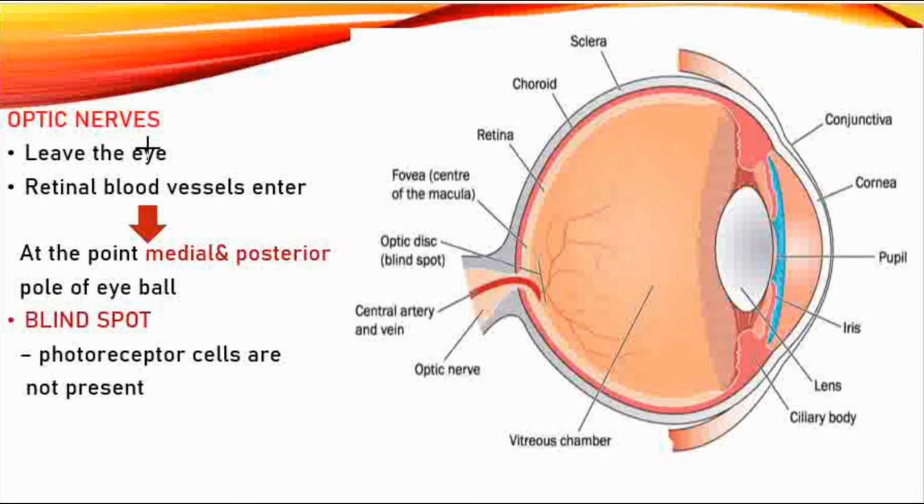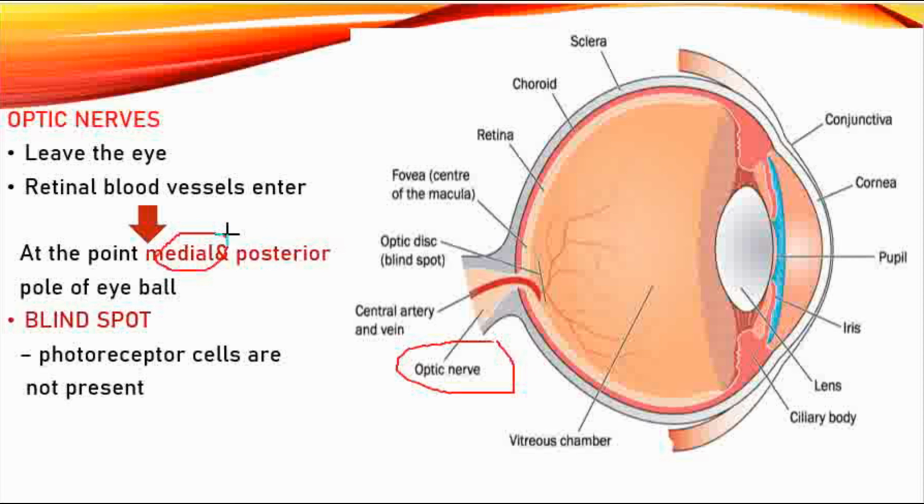So next, coming to the optic nerve. There is an optic nerve which leaves the eye. You can see this here, the optic nerve in the picture. It leaves the eye from this center, and at this point the retinal blood vessels enter. On the middle point, we say medial.